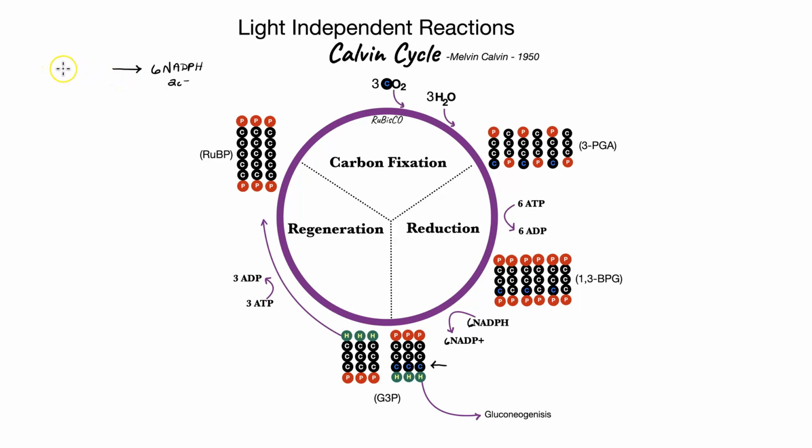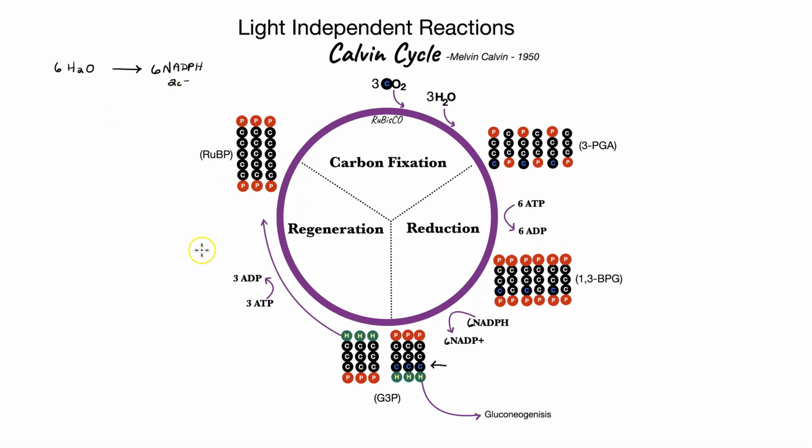And we know that each water molecule is giving off 2 electrons to the P680 pair of chlorophyll molecules. So we would need a total of 6 water molecules to run through the light dependent reactions that eventually will be collected by the NADPH and delivered into the stroma for the Calvin cycle.